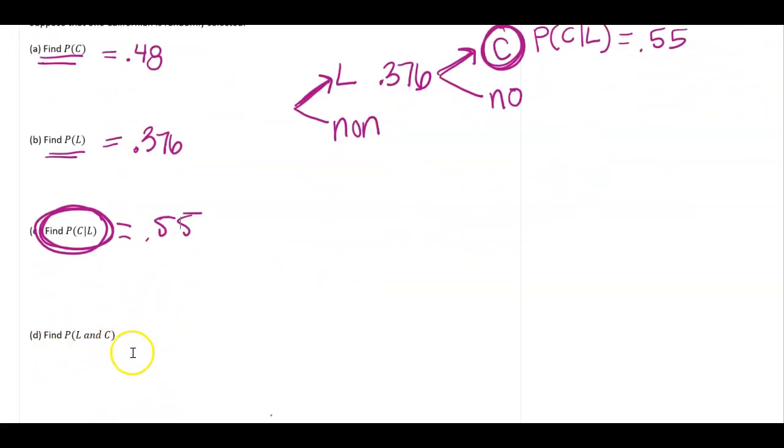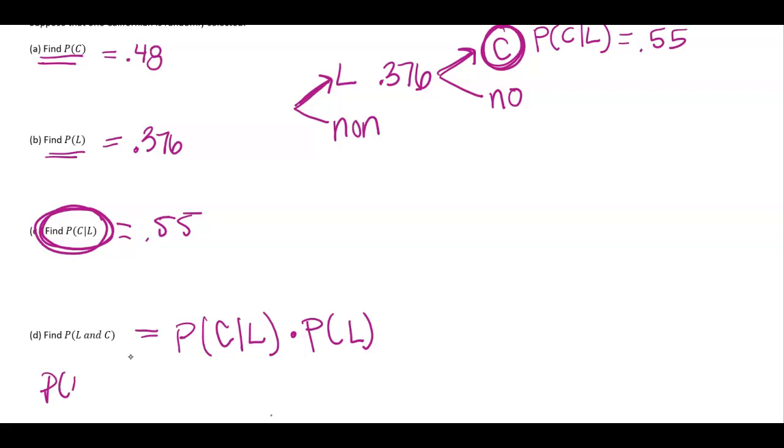On part D, this is where we're going to have to use the multiplication rule, because the probability of L and C is the probability of C given L times the probability of L. Now it is also the probability of L given C times the probability of C. However, that's not the given probability that we have here, so that one's not really going to help us.